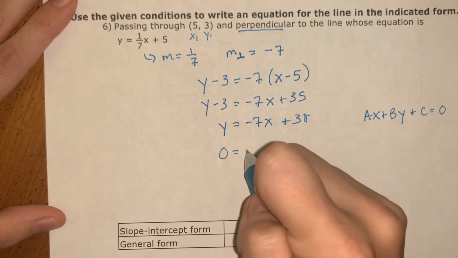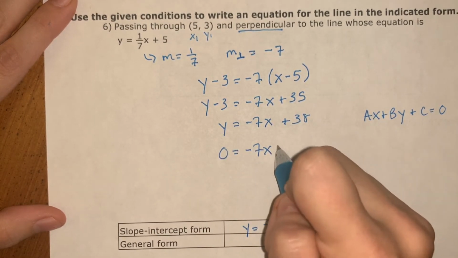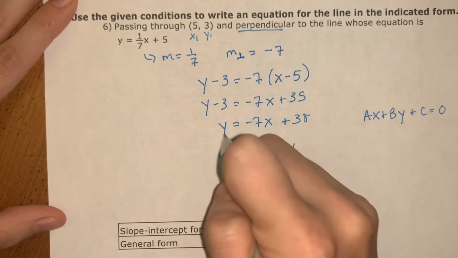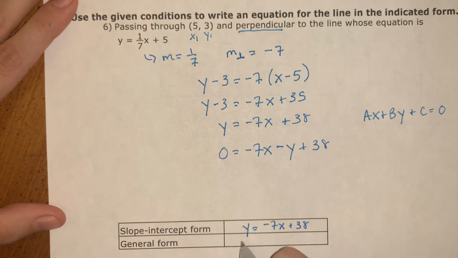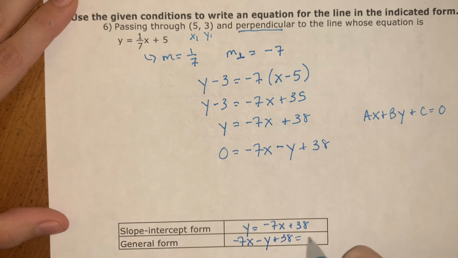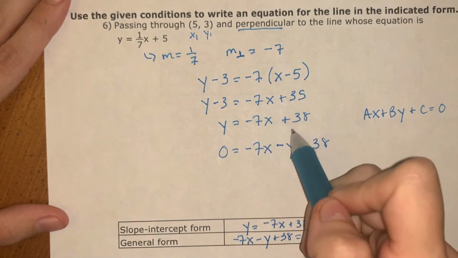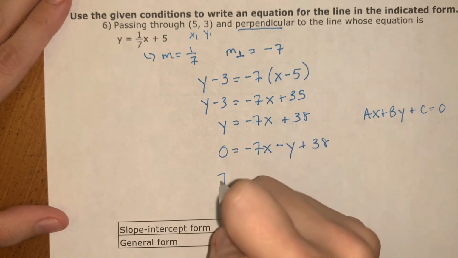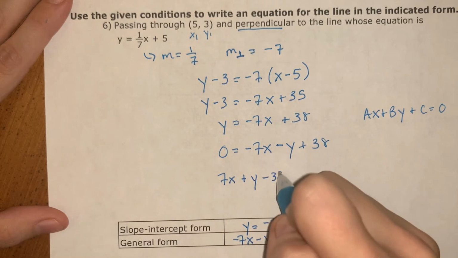So we get 0 equals negative 7x, and I'm going to put it in this order, right? I'm going to put the y next, so it's going to be a minus y when we move this over, and then plus 38. So you can write it as negative 7x minus y plus 38 equals 0. And remember, if you move this over here, then it would be 7x plus y minus 38 equals 0.